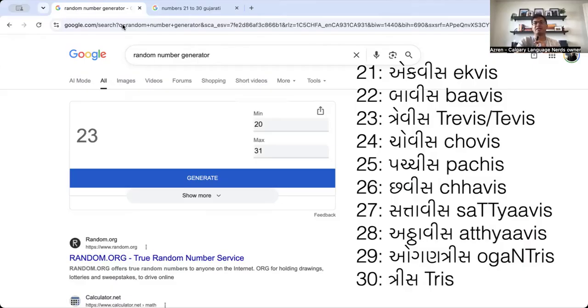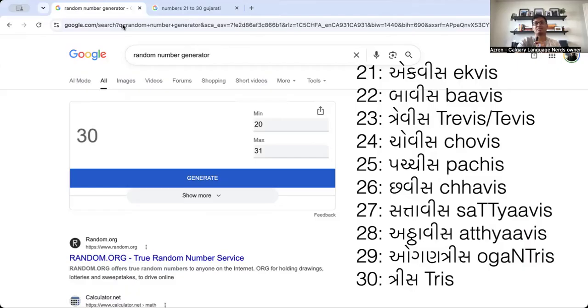23. Trevis or tevis. 27. Satyavis. 29. Ogantris. 26. Chavis. 30.